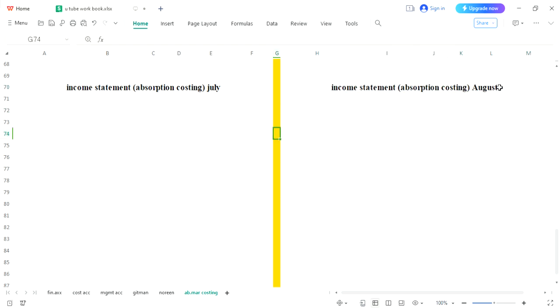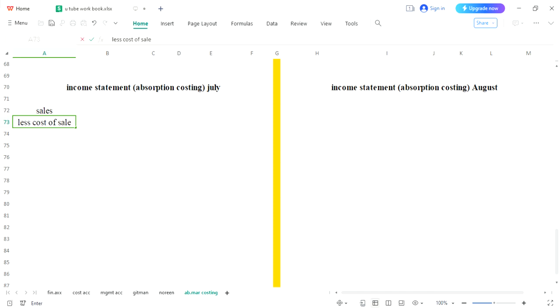Methodology would be similar, and since we are solving the income statement according to absorption costing, a sort of repetition would be present over here. The very first thing we are going to elaborate would be sales, and then we will subtract cost of sales.